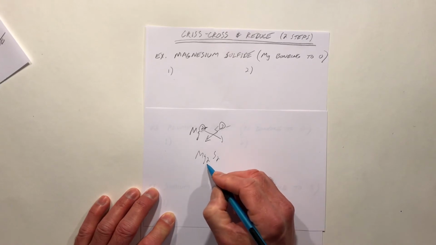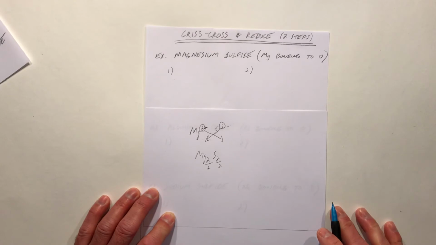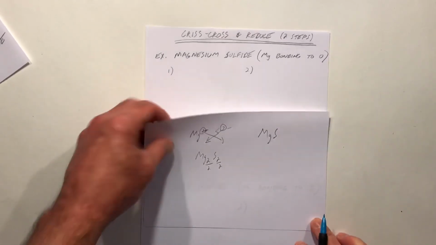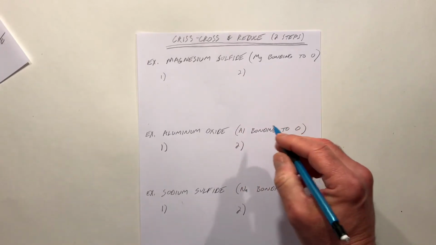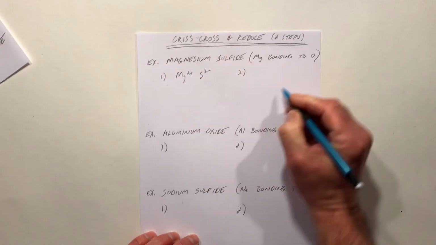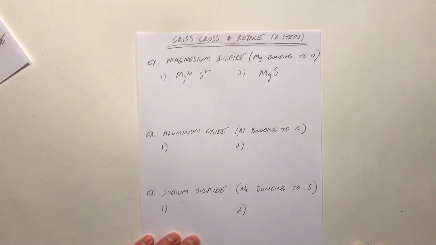Now if we can reduce these, we should, and we certainly can reduce 2 and 2. They both divide by 2, so we end up with MgS. So once again, the work that you would be required to show for that is write the ions and write the formula for the compound that you get after you crisscross and reduce. Remember, we drop the plus sign and the minus sign because compounds are always neutral.